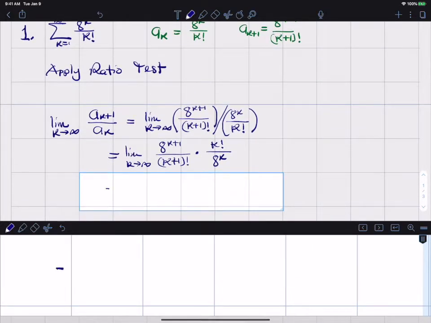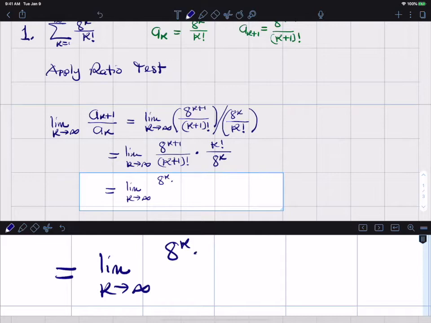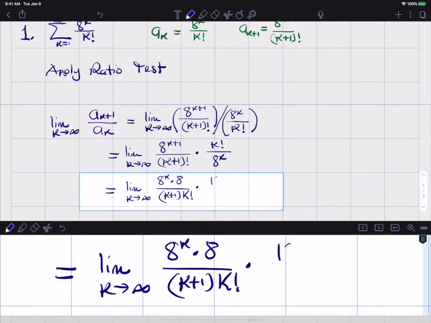Now, I'm going to break this down a little bit. As k goes to infinity of 8 to the power of k times 8, because that will give us 8 to the power of k times 8 to the power of 1, which is 8 to the power of k plus 1, over k plus 1 factorial, we know that is k plus 1 times k factorial, times k factorial over 8 to the power of k.